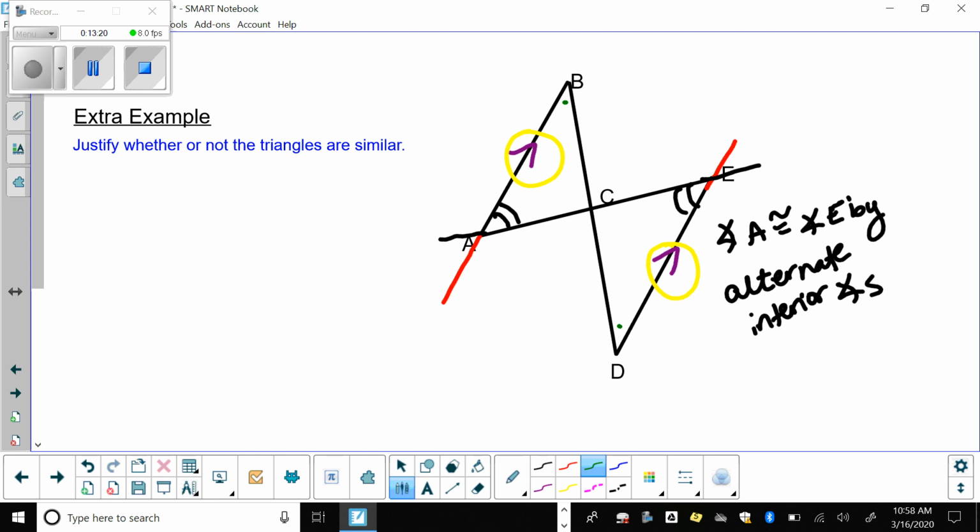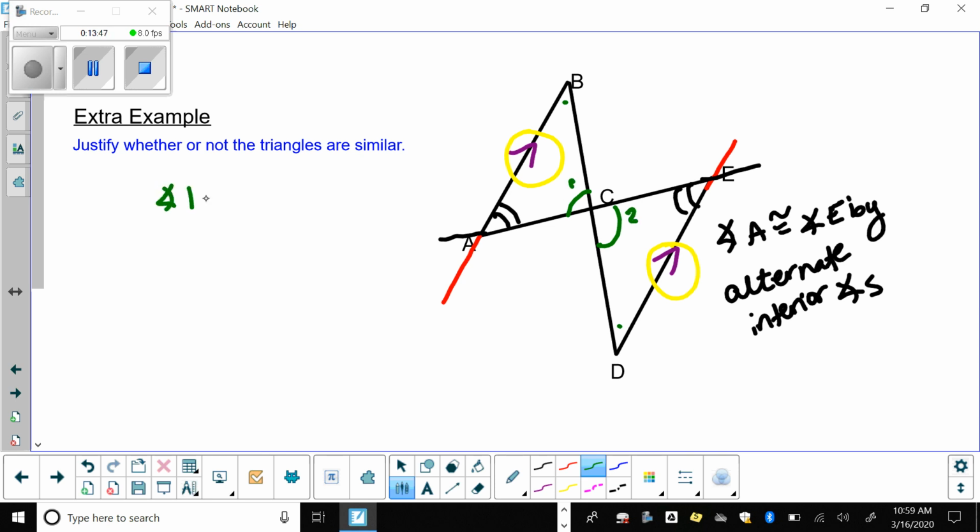So by AA similarity, the triangles are similar. Maybe someone else would say angle A and E are congruent by alternate interior angles, and then maybe someone would say angle BCA and angle DCE are congruent because these are vertical angles. I'm going to call it angle 1 and angle 2.